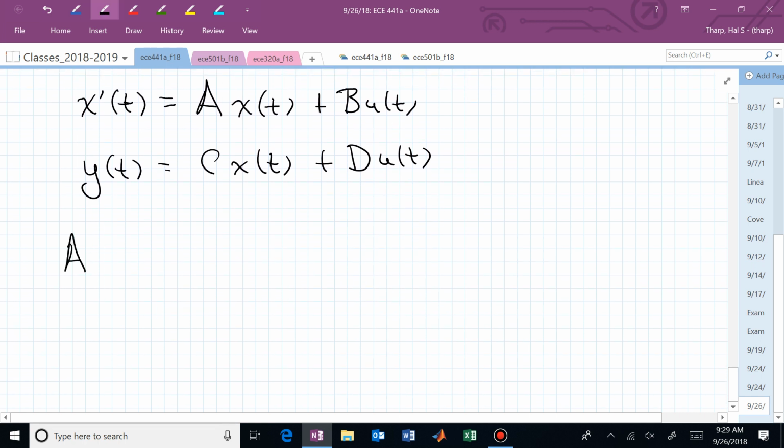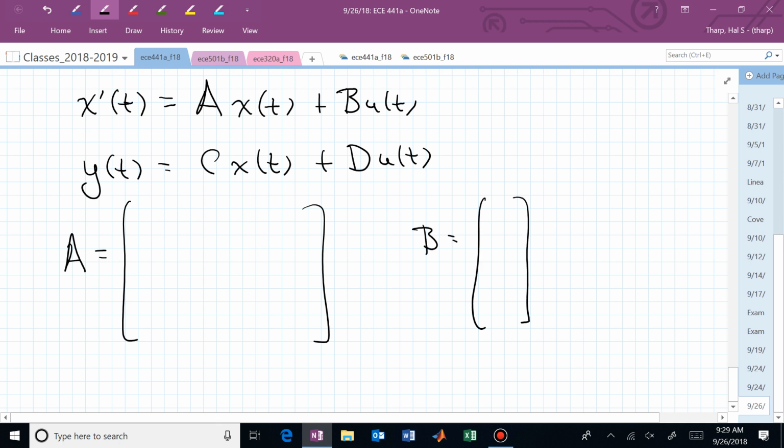And we should be able to now fill in the information that's contained in all 4 of those matrices.